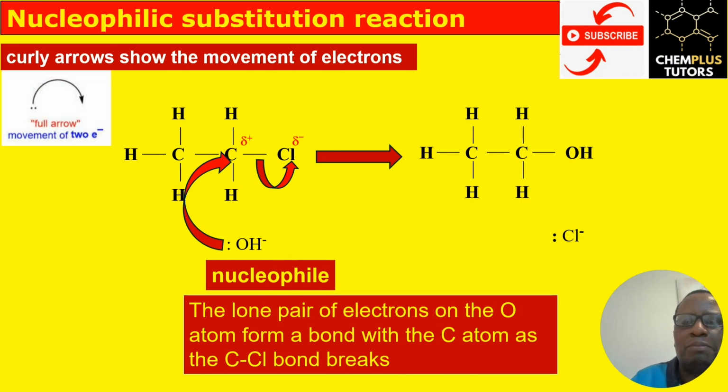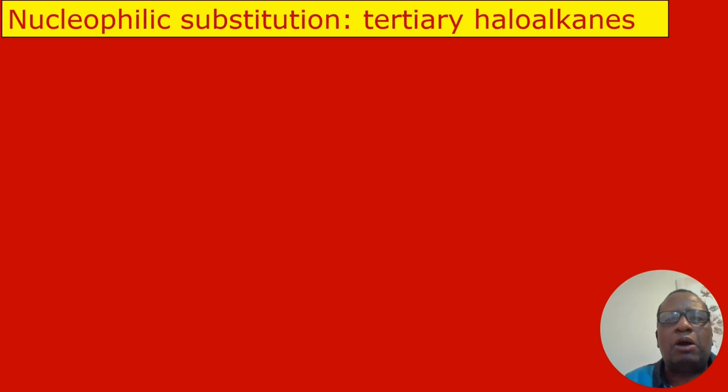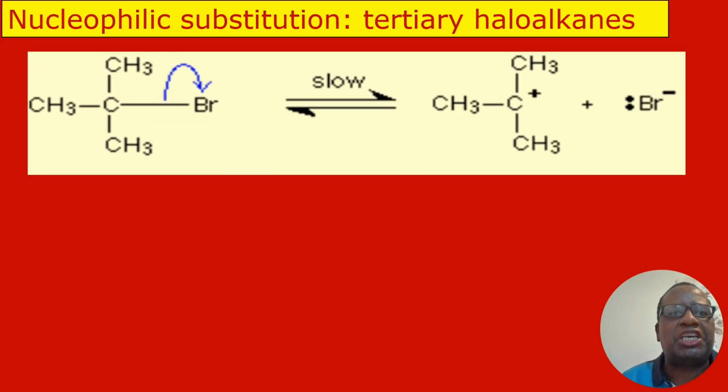Now then, in tertiary haloalkanes, it's a different story. The C-halogen bond breaks first on its own to form this product here. What do we call this product here with a positively charged sign? It's called a carbocation.